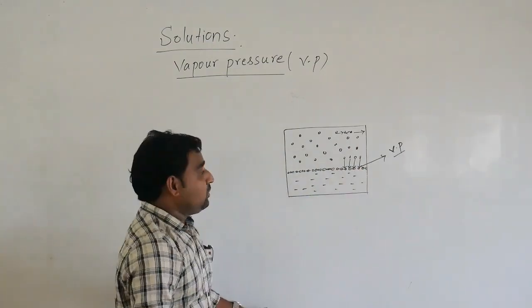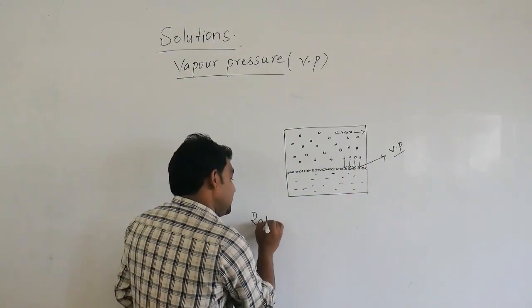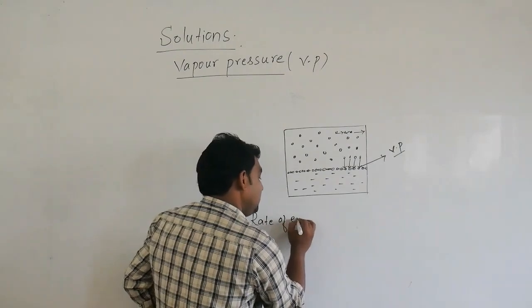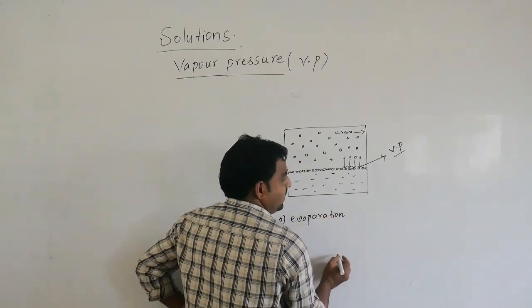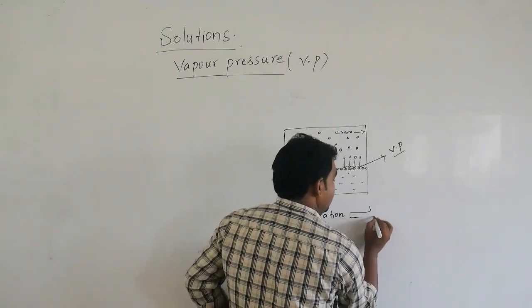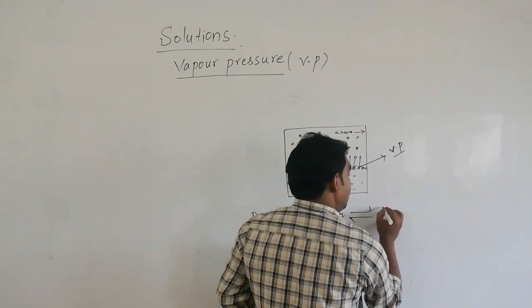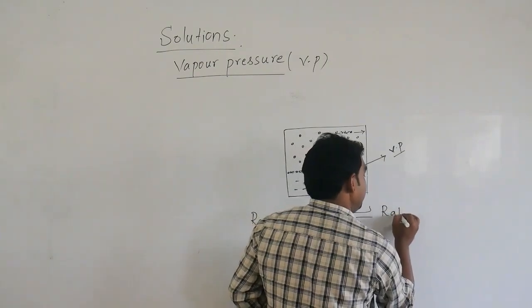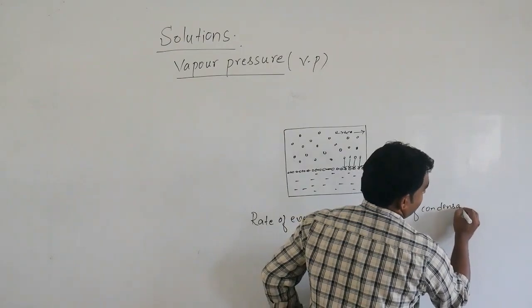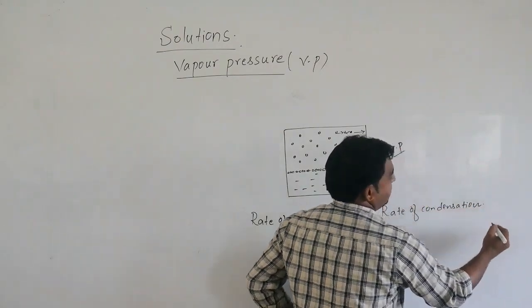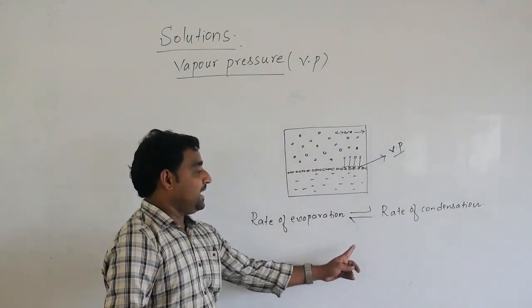So the rate of evaporation is at equilibrium with the rate of condensation. So these are in dynamic equilibrium.